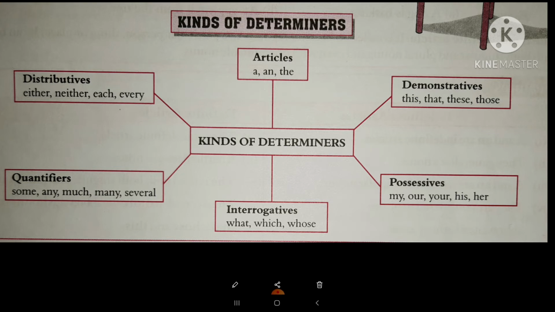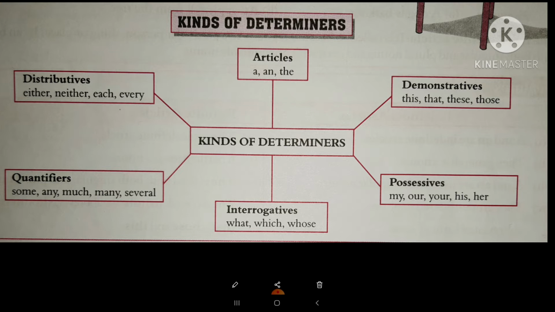For example, each member of the team was given a prize. There will be a fixed number of members in a team. Otherwise, we can say each child was in a proper uniform. We are specifying each and every single child.